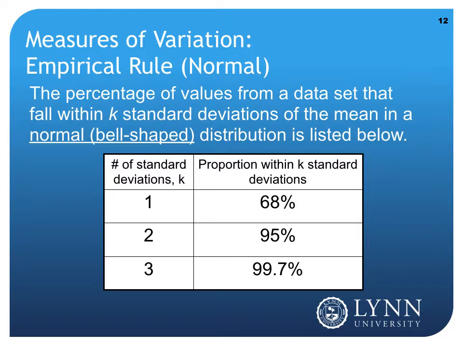And within plus or minus three standard deviations, you're going to account for 99.7% of the data. Most statistics books, when they publish tables and other information, only go out to plus or minus three standard deviations, because being 99.7% accurate is really as much as you could hope for.